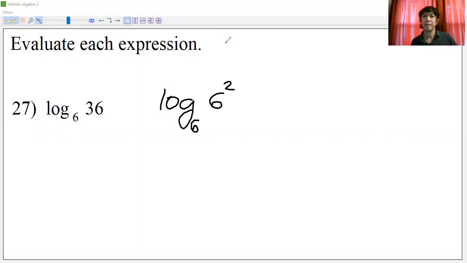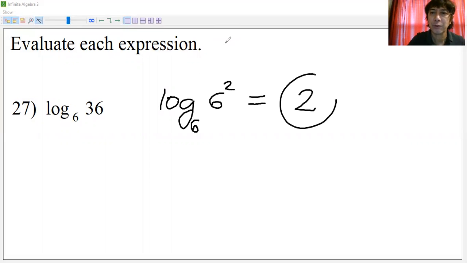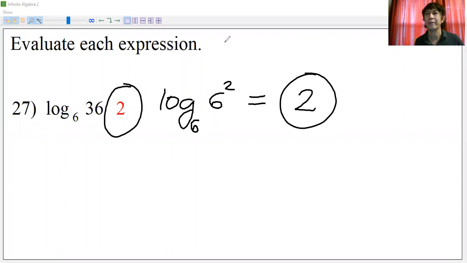And so we can readily see the answer. It's positive 2. So very simple. We verify the answer, and that will be 2. You can very well see the answer. It's a 2 over there. All right. So we continue.